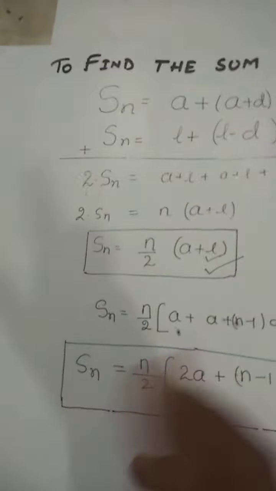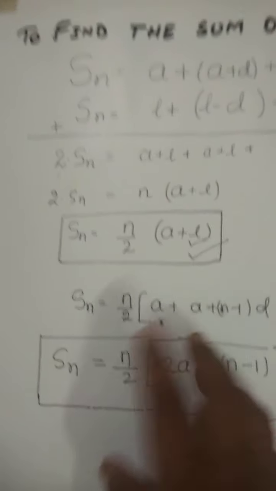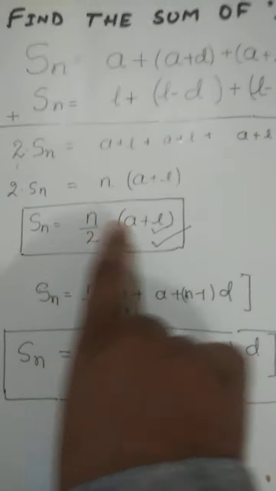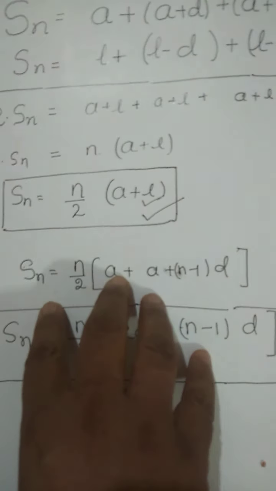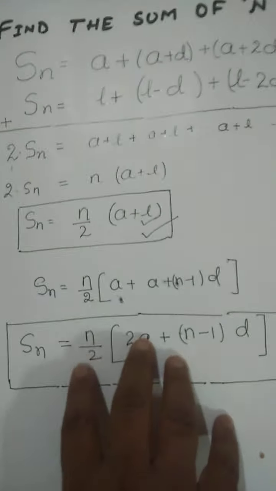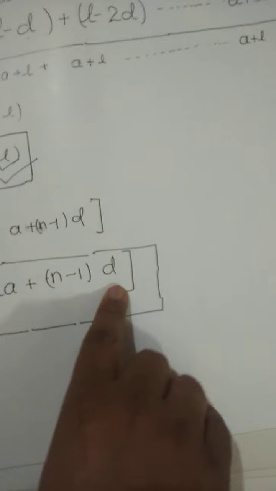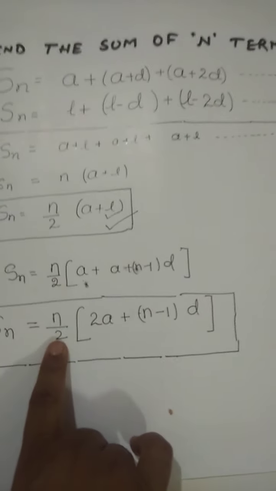Suppose the nth term, the last term, is given, the first term is given, and the number of terms is also given, then you will use n by 2 a plus l. If the last term is not given, but the number of terms and the first term are given, and maybe the series is given, then you find out d and use the formula Sn is equal to n by 2 times 2a plus n minus 1 d.